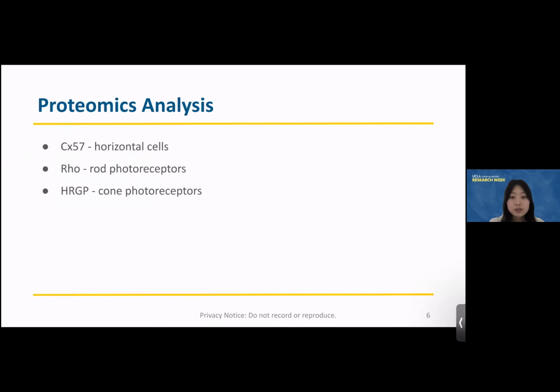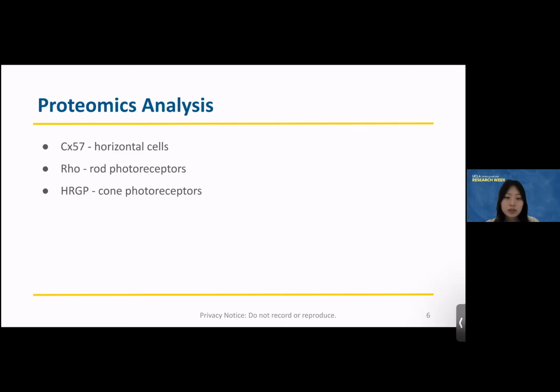Following successful biotinylation, we conducted proteomics analysis on the tissues we collected in order to gather data on the specific proteins that were being labeled and enriched through our experiments. We mainly focused on the OPL lines consisting of CX57 for horizontal cells, Rho for rod photoreceptors, and HRGP for cone photoreceptors.